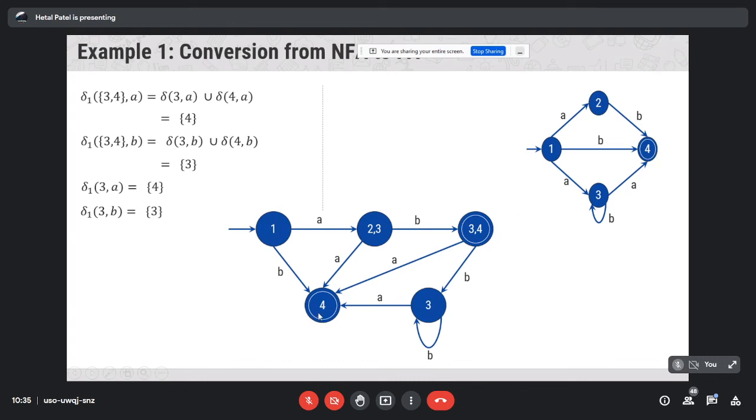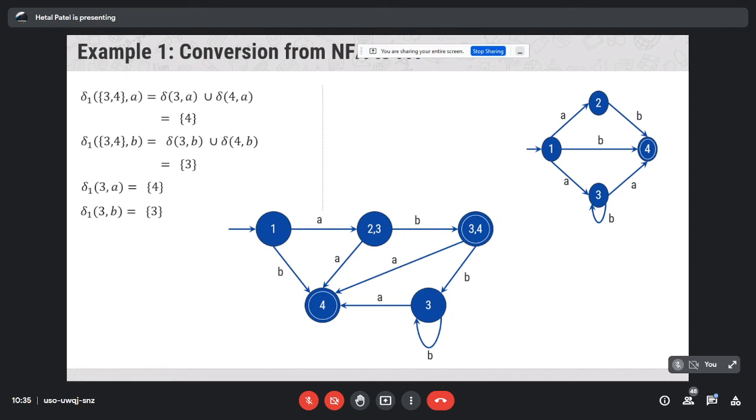So here if 4 is available in the FA, then 4 is a final state. 3, 4 is also a final state because 4 is merged with 3. So wherever your NFA's final state is available, consider all those states as final states, right?